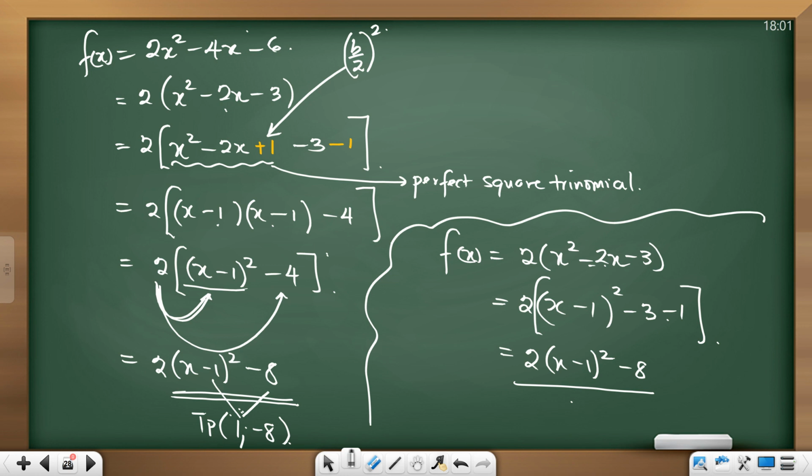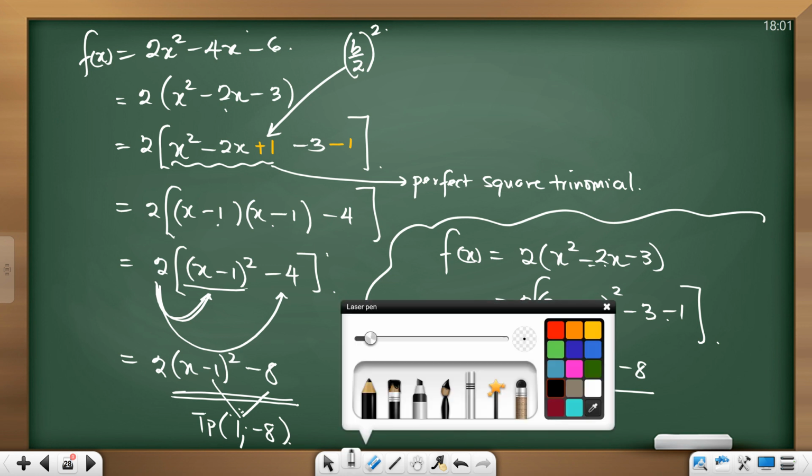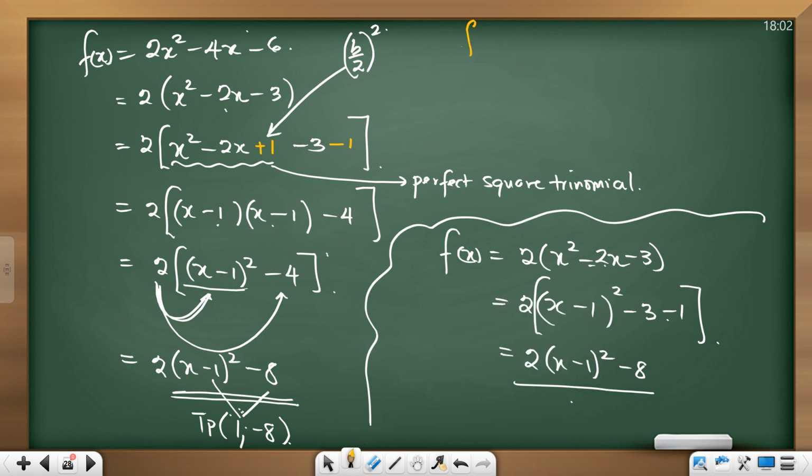And how do you know you are correct? You can find the turning point. If I were to find the turning point here, let's do this. Let's confirm if we are correct. Confirmation. F of x equals to what? 2x squared. How do you find the turning point? Minus b over 2a.